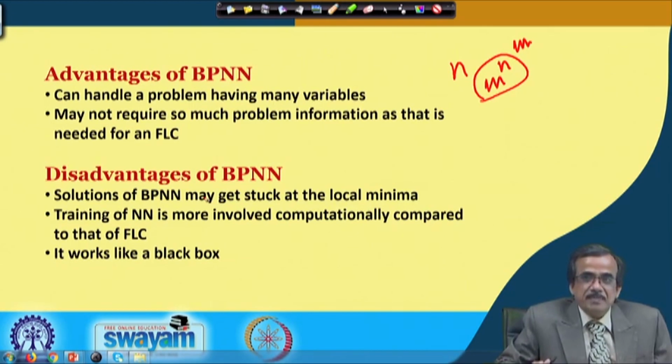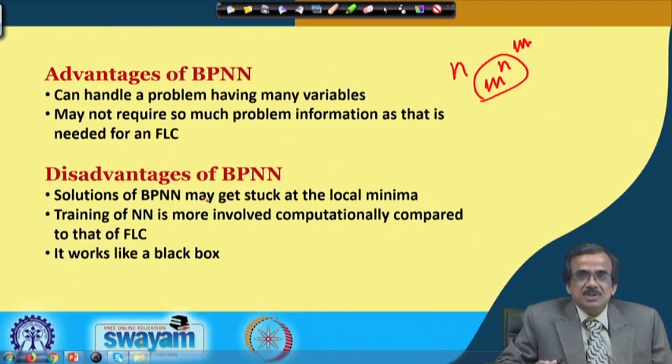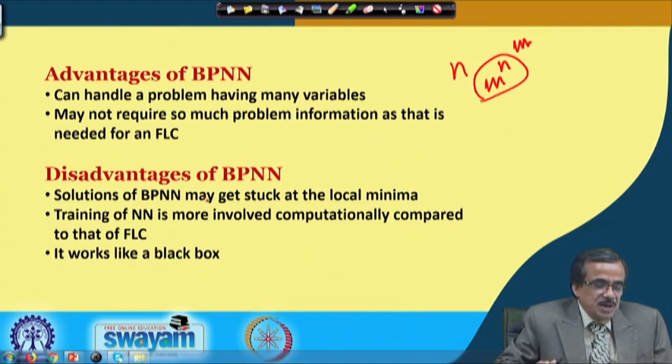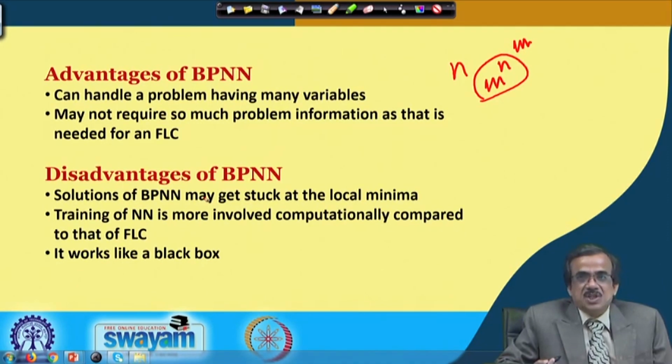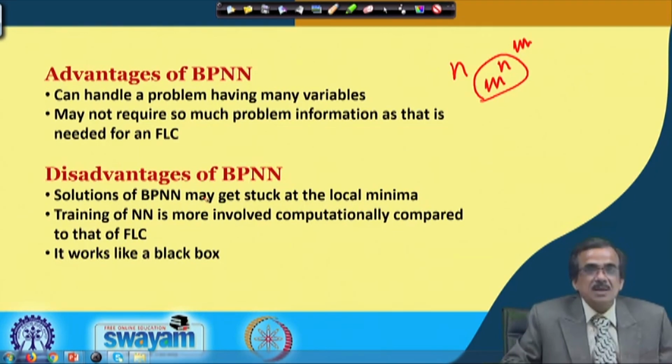But suppose the error surface has multiple modes, with many ups and downs. In that case there is a possibility that the solution of the multi-layered feed forward network trained using the backpropagation algorithm may get stuck at the local minima, and it may not be able to reach the globally minimum solution.